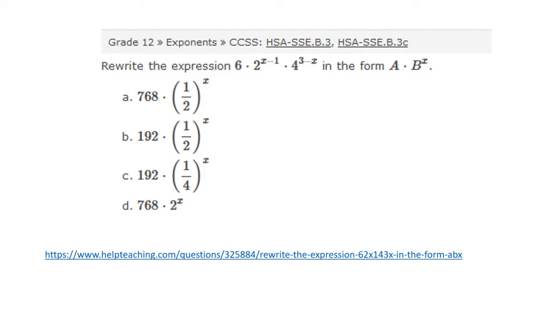You need to write 6 dot 2 to the x minus 1 dot 4 to the 3 minus x in the format of a to the b to the x.